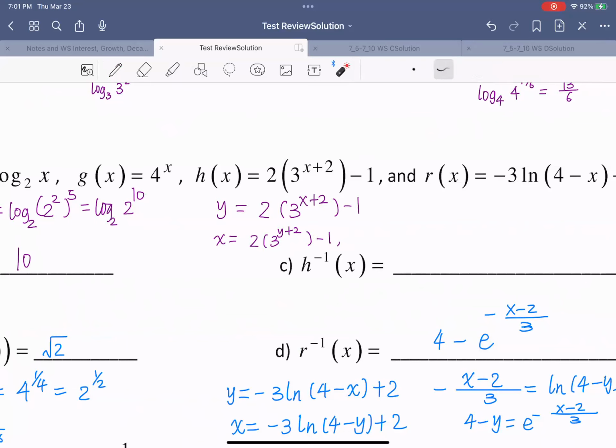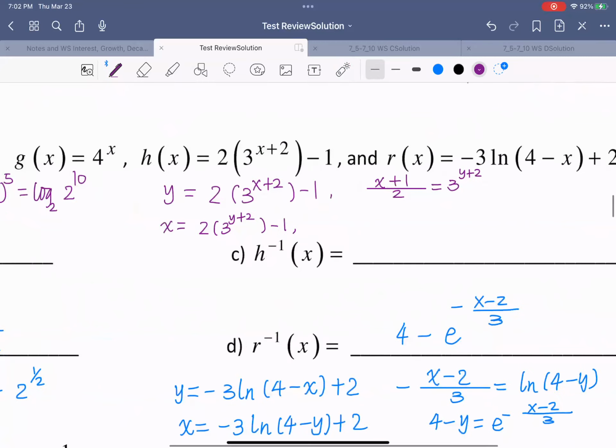Now let's move this around and we solve for y. Okay. X plus 1, and then divide by 2, right? Yeah, divide by 2. Equals 3 to the power of y plus 2, and then how do we solve y plus 2?